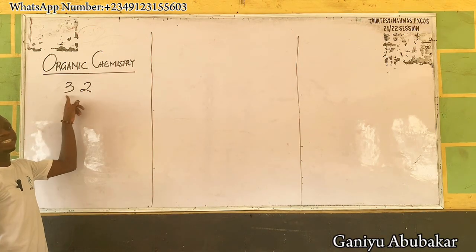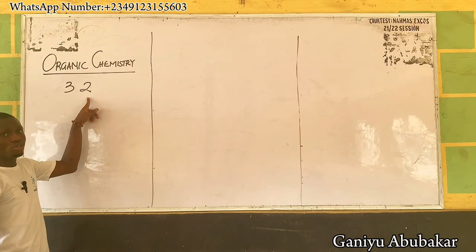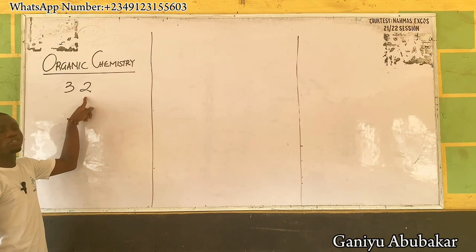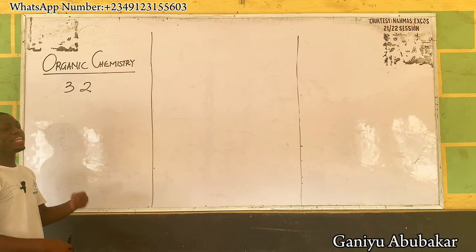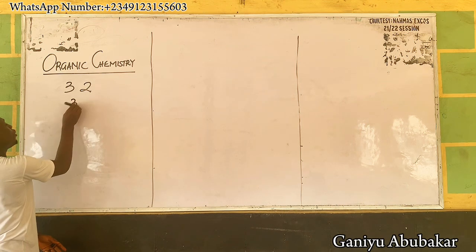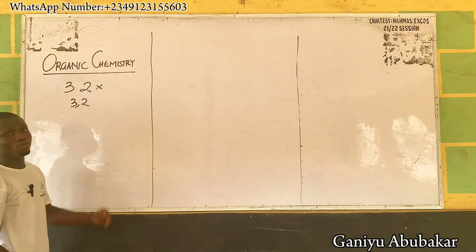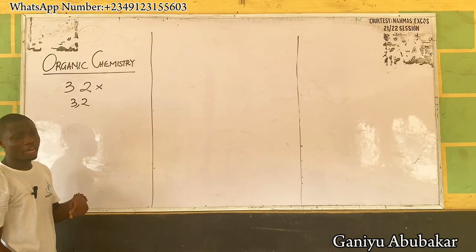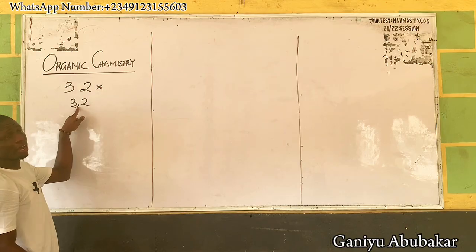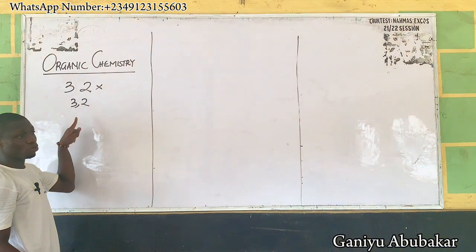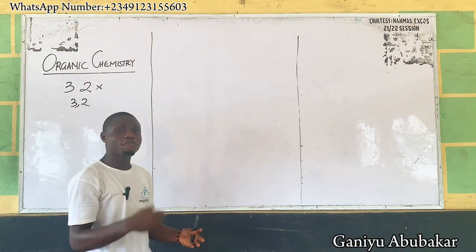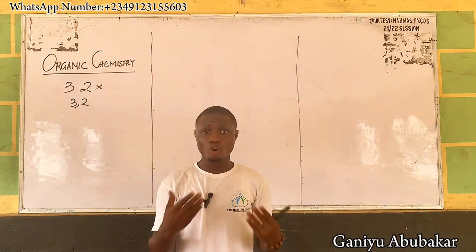I want to write it this way: 3,2-dibromo. So it says separate number from number using what? A comma. We have to write 3,2-dibromo, because this other form is wrong. So separate number from number using a comma, as you can see. That's your rule 1. Always separate number from number using a comma.